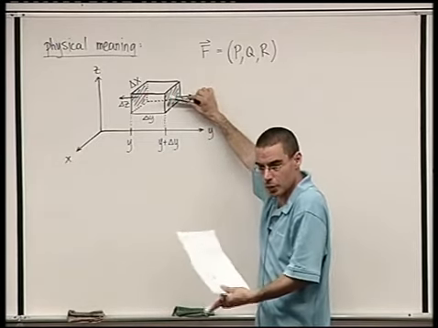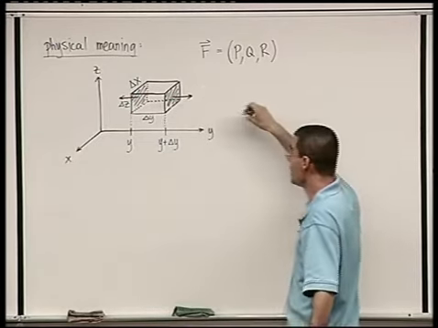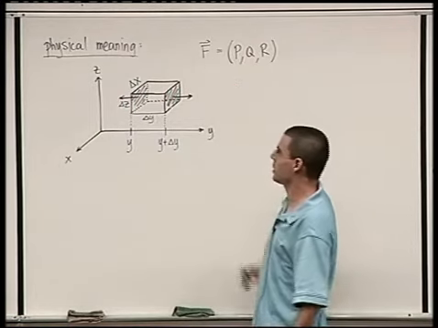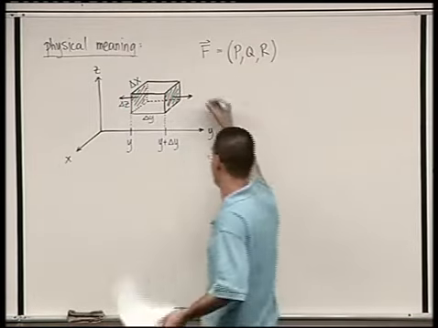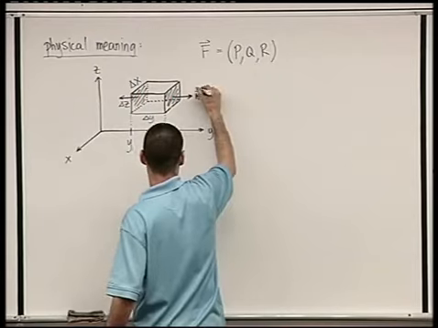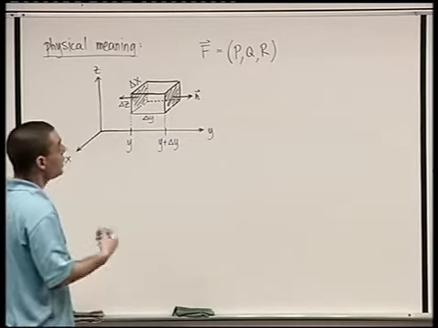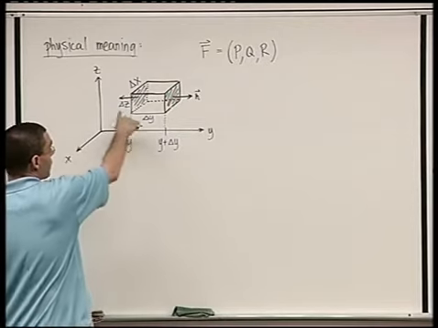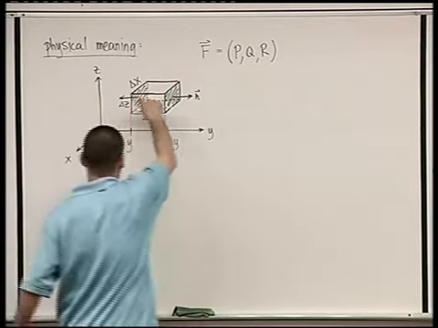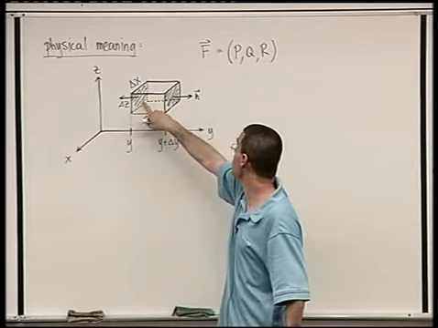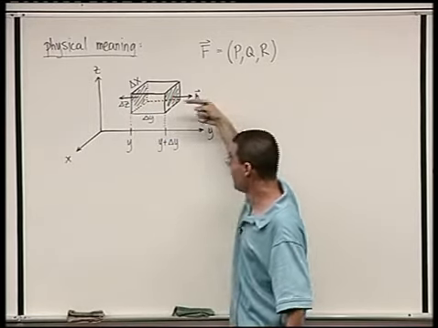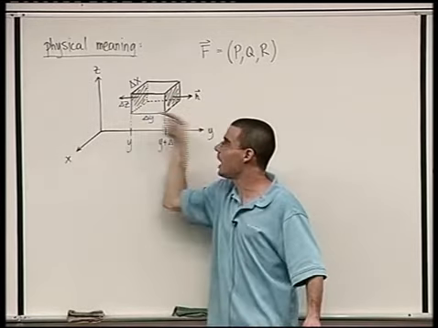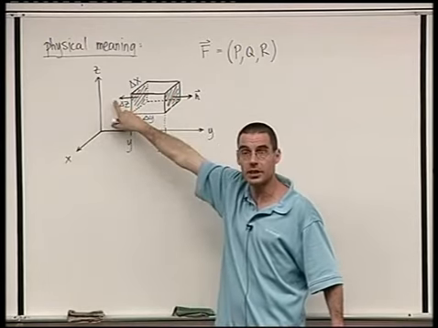In order to calculate the flux, we had to take the direction of F in the direction of the normal. So this is n. So only the q component contributes to the flux here. Over here on this side, also only the q component contributes, but with a minus sign. So minus q contributes to the outgoing flux on this side here.